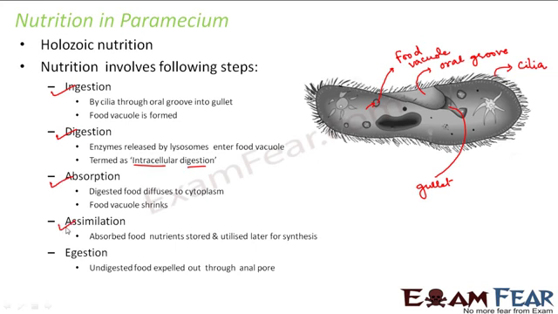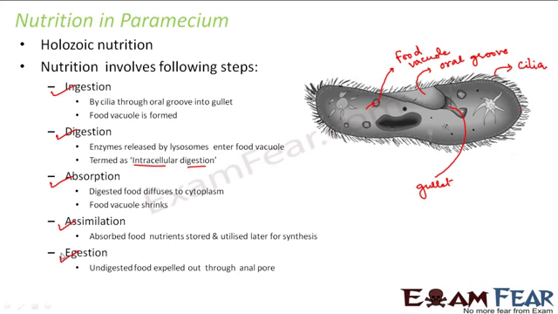Assimilation: absorbed food nutrients are stored and utilized later for synthesis. Egestion: undigested food is expelled out through the anal pore. In case of a paramecium, we have an anal pore somewhere here. Through the anal pore, the undigested food is expelled out. Unlike amoeba, where the undigested food was expelled from anywhere on the surface, here we have a specific anal pore.